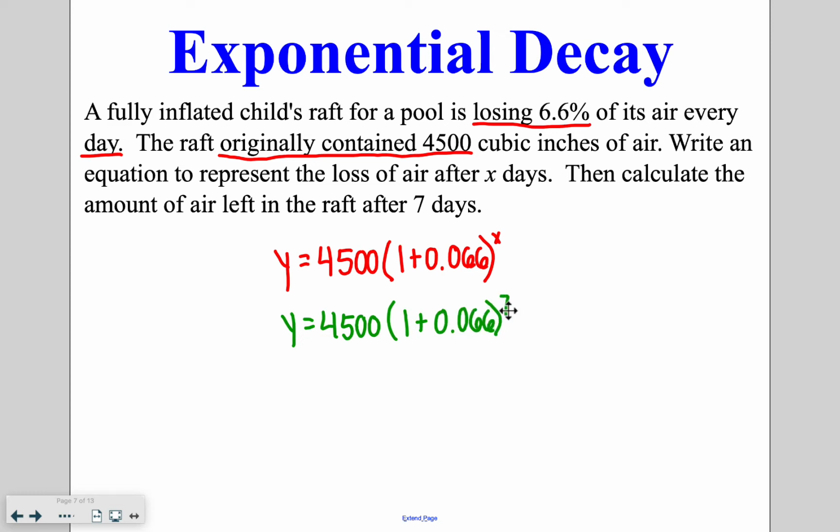When I do that calculation, after I round, I end up with 2,790.23 cubic inches of air left in the raft. So you always want to round to 2 decimal places unless the problem indicates otherwise.